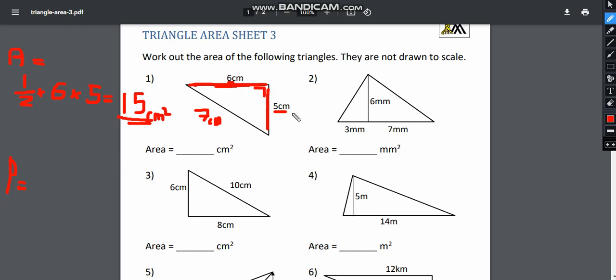So 7 and 5 is 12, plus 6 is 18. And that is just centimeters. So area is centimeters squared or meters squared, but perimeter is just the distance, so it's just 18 centimeters. Okay, if you want to try and find the perimeter and area of this shape.